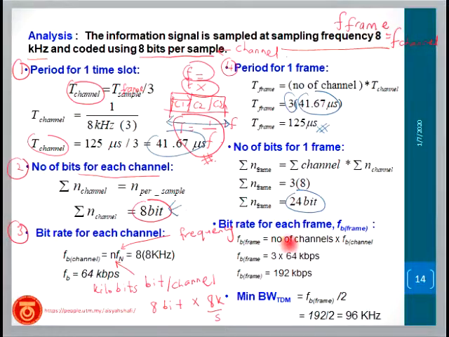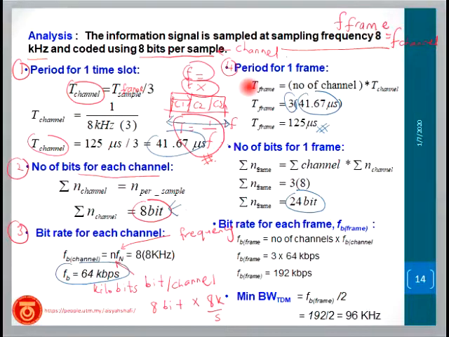And the bit rate for each frame is the number of channels times 64 kilobits per second, because we want to know how many bits for each frame. Each channel has 64, so you need to multiply by 3 to get 192 kilobits per second for one frame.